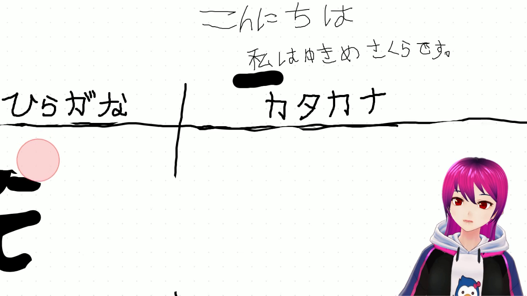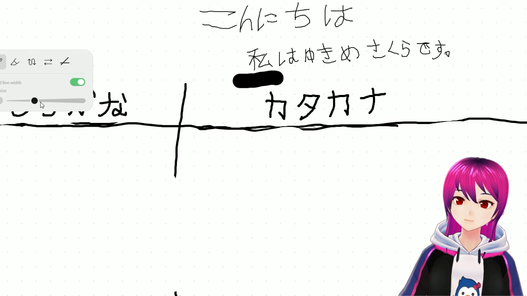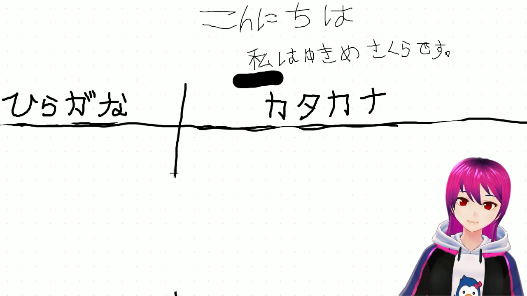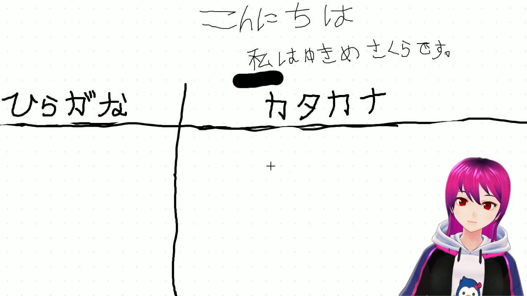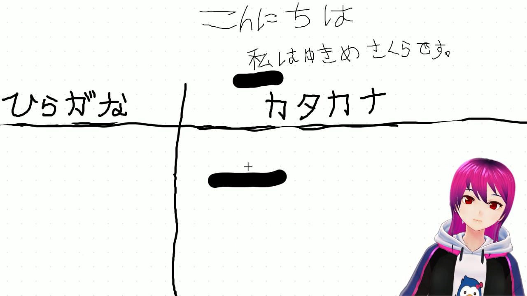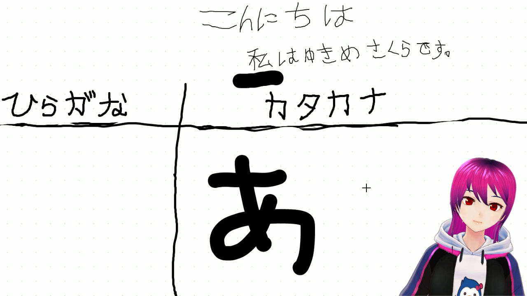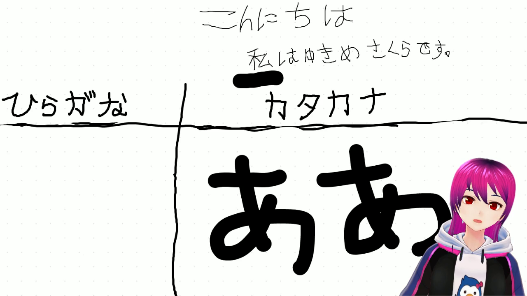For vowel series, there are a little more special rules for the same kind of methodology for extending a sound, but I'll go over the simple ones. To extend a vowel sound in Japanese, you write an additional vowel next to it for a or ah.